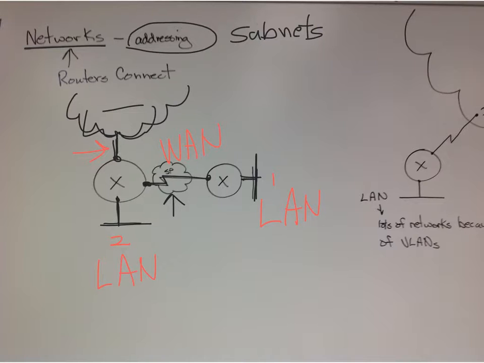This network would be taken care of by your ISP. So here you would have 3 networks total, 1, 2, 3, to take care of your addressing with your subnets.